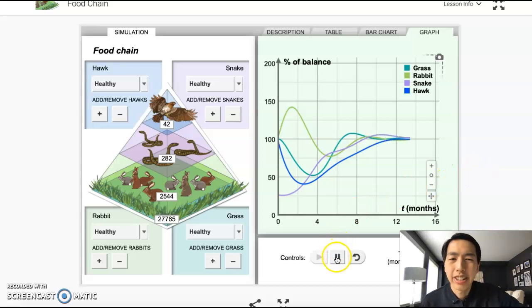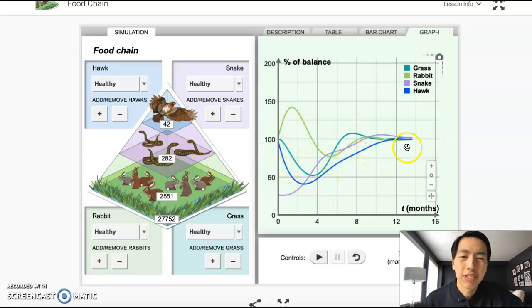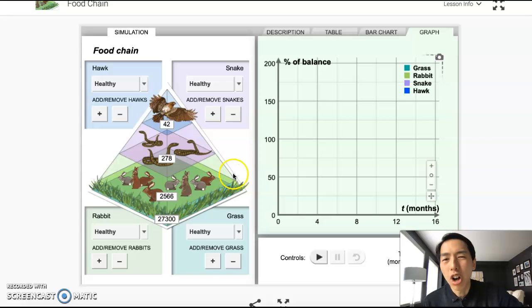So that change I made, reducing the snakes by a lot, was a one-time change. The ecosystem eventually recovered. I could make more of a long-term change and introduce a disease to the snakes, a long-term disease. It's going to affect the snakes for a long time.